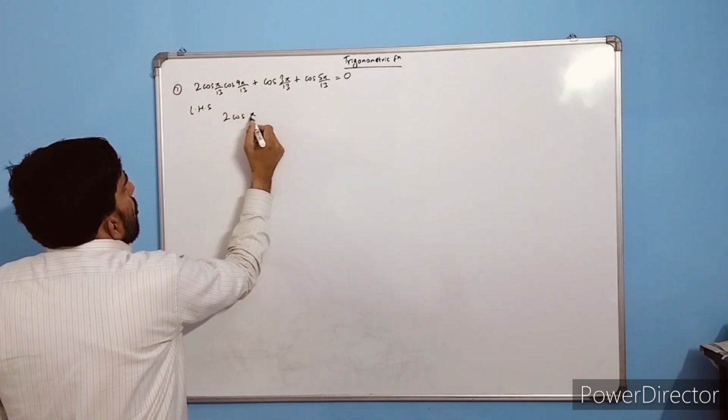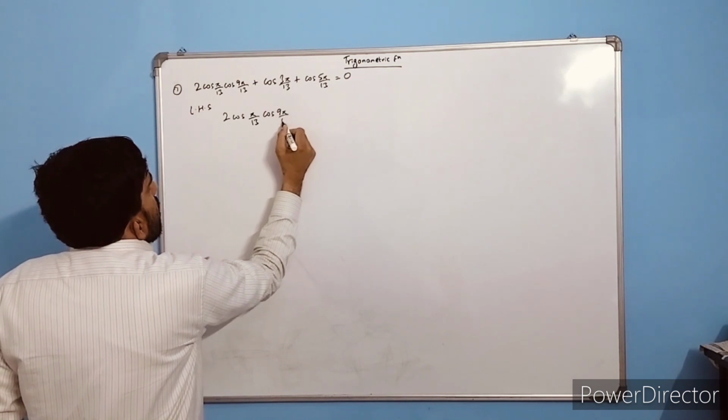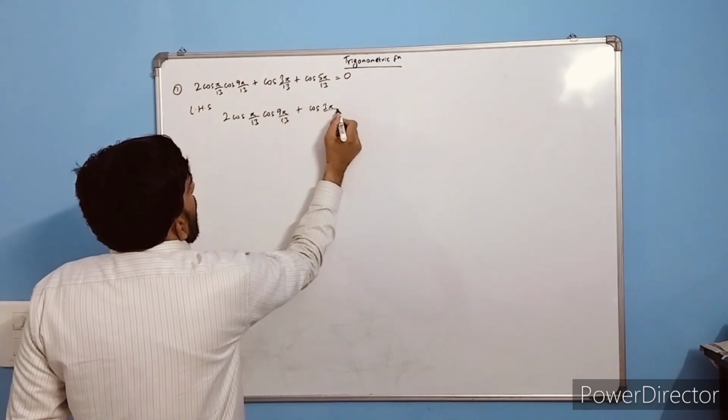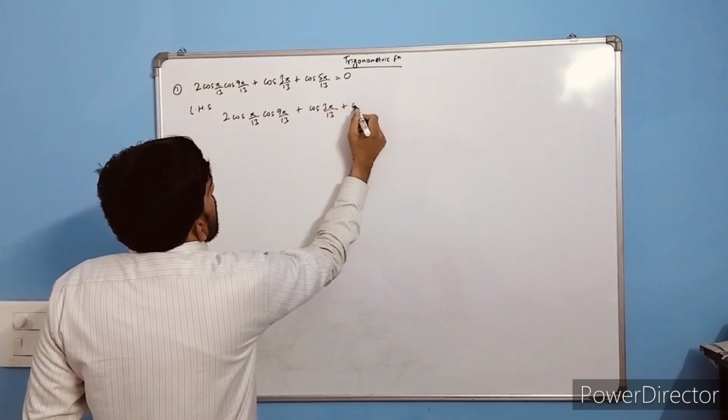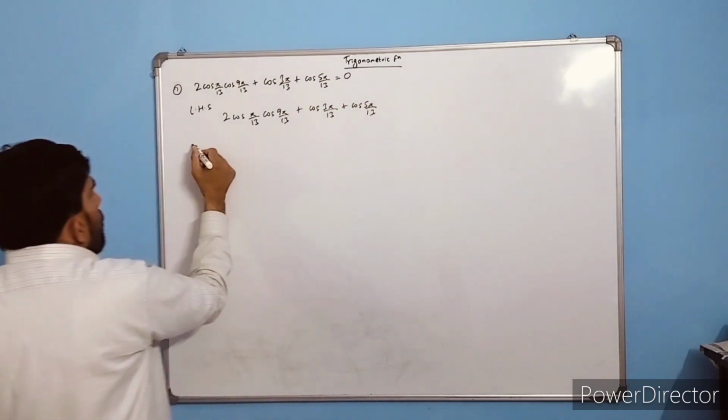2 cos pi by 13 cos 9 pi by 13 plus cos 3 pi by 13 plus cos 5 pi by 13. Okay.